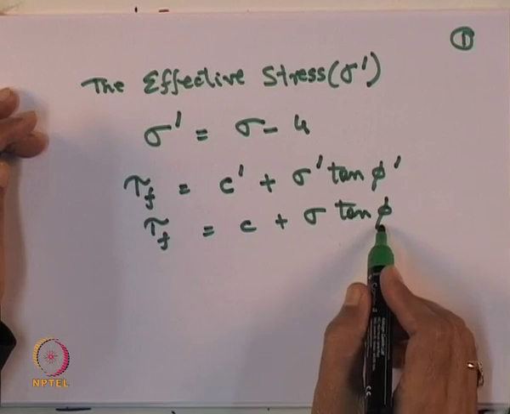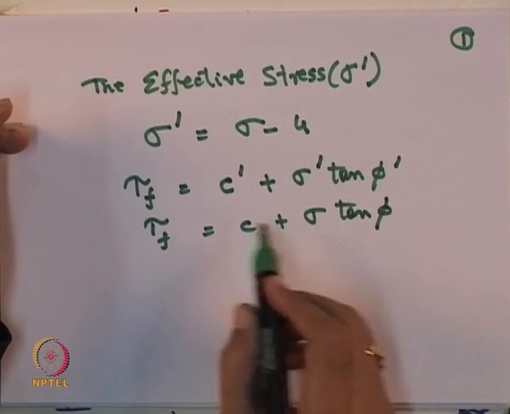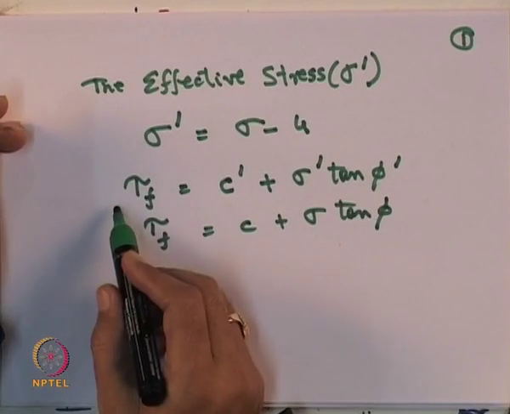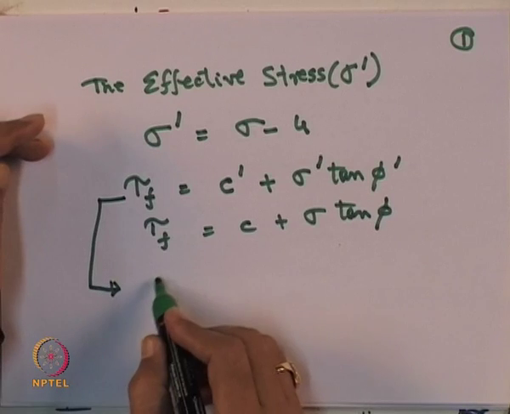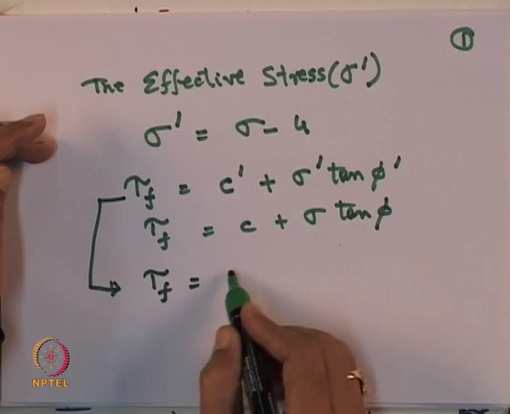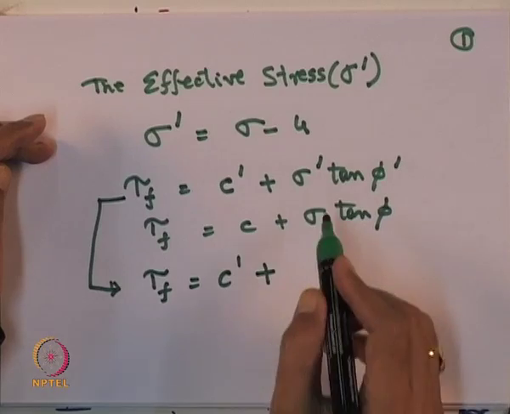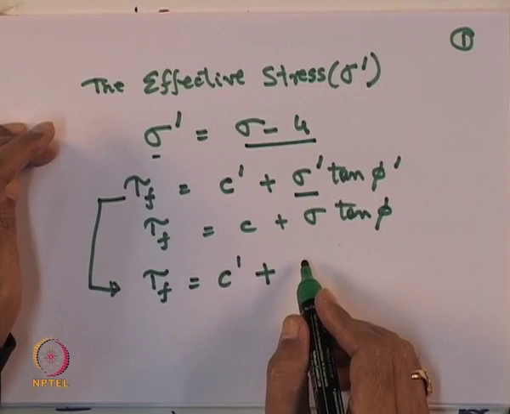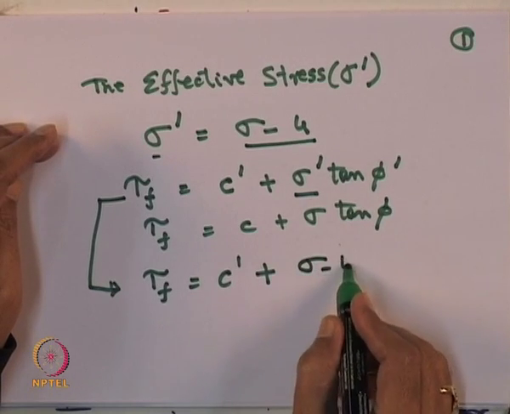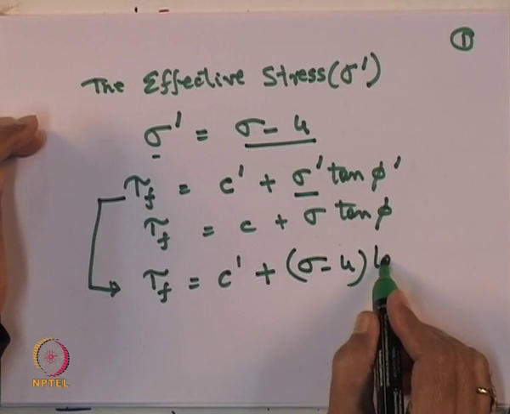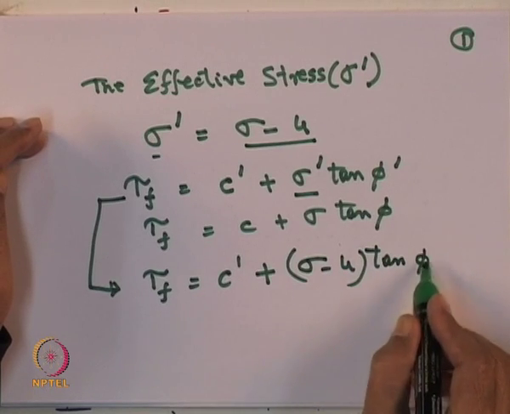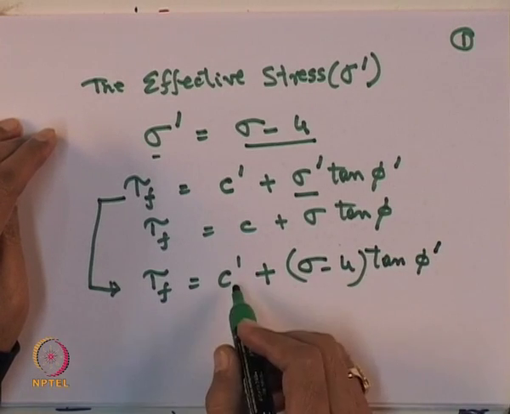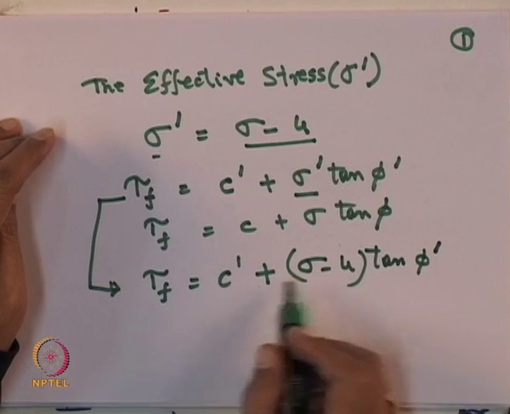In the effective form, sigma dash is equal to sigma minus u, so tau F is equal to C dash plus (sigma minus u) into tan phi dash. These C dash and phi dash are the effective stress parameters.